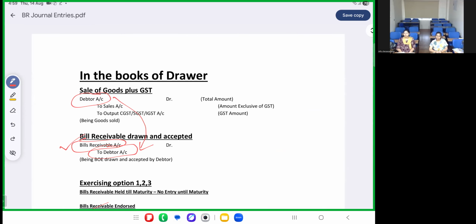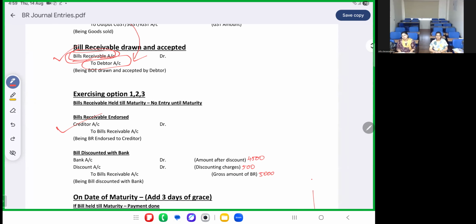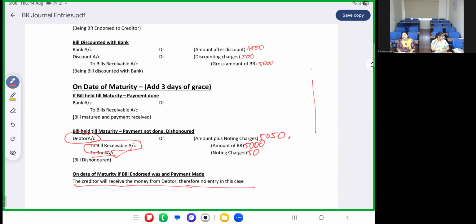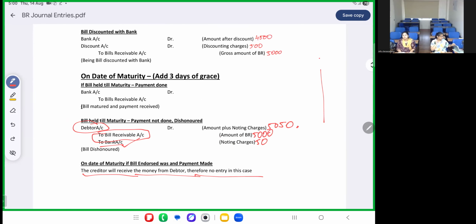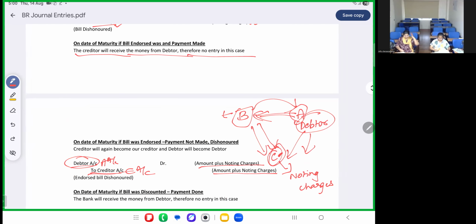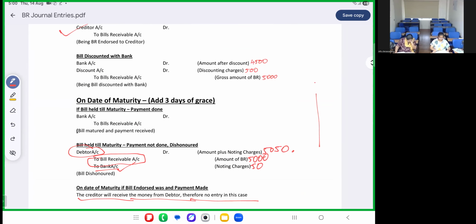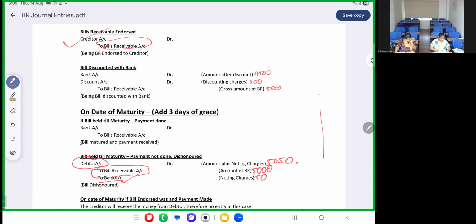When we have drawn the bill, we have created bills receivable. When we are endorsing it, we have credited bills receivable, so the bills receivable account is closed when we endorse the bill.